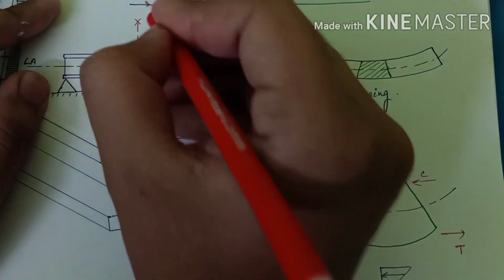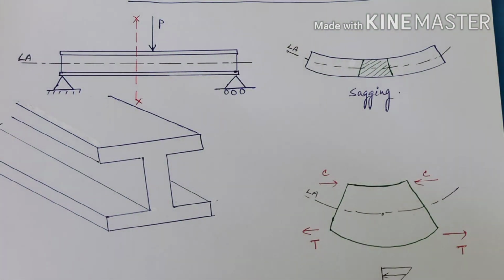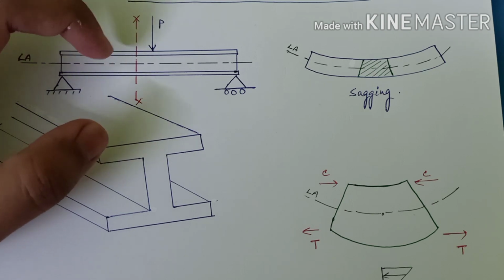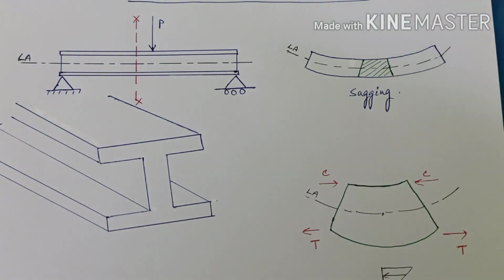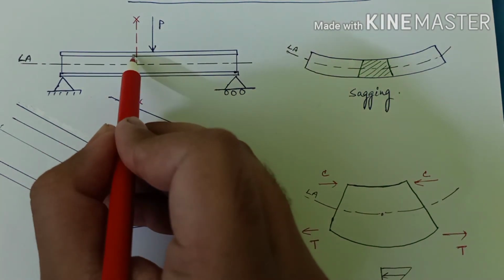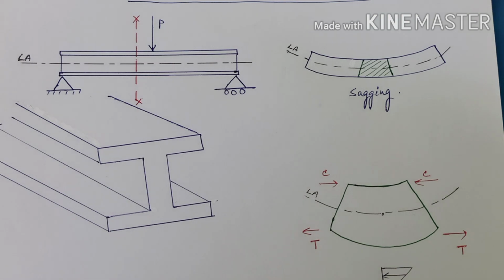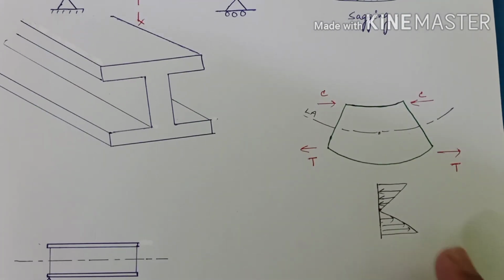Let us say this is my section X, right? Now we will analyze this part in a 3D diagram. I have drawn this like the opening, the left hand side like this, in a 3D diagram. So what can we observe? We will observe something like this.